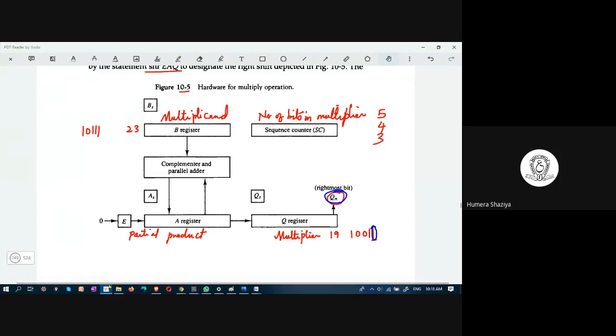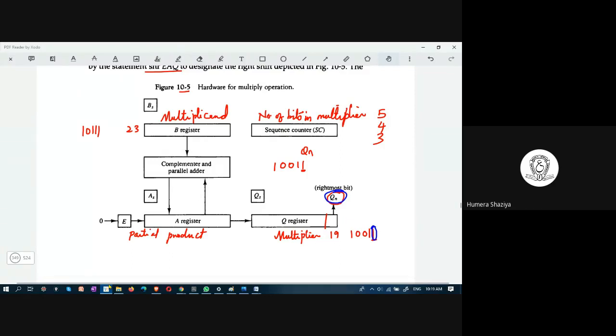SC is the sequence counter, which is initialized to n minus 1. Qn, Q subscript n, is the rightmost bit of the multiplier. If our multiplier is 10011, Qn is this rightmost bit, which is 1.